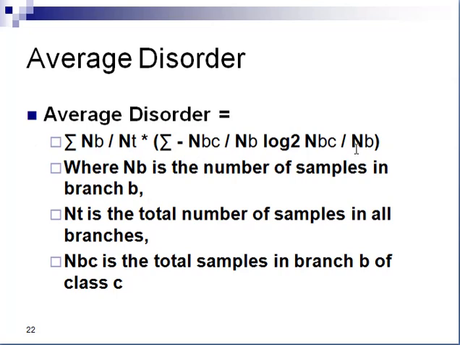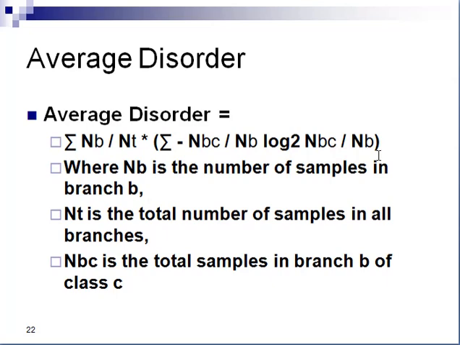It says we need to calculate the summation of NB divided by NT, multiplied by the summation of minus NBC divided by NB, times the log base 2 of NBC divided by NB.